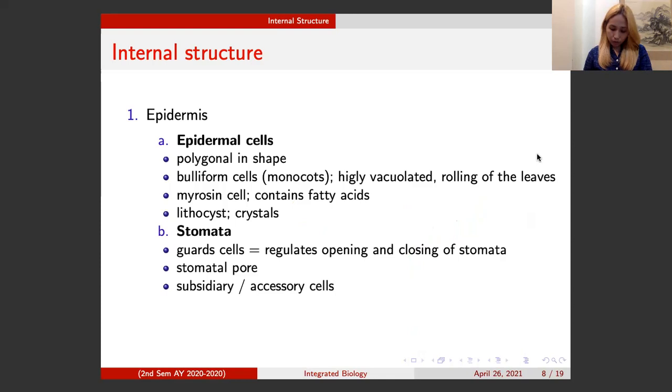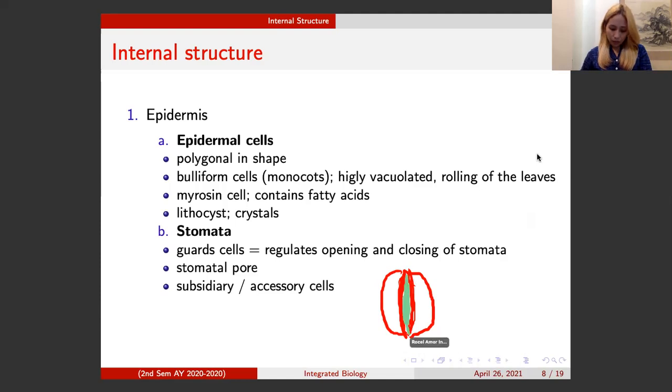So if this is your stomata, okay, sorry, I'm erasing everything. All right, change color. This would be the stomatal pore.